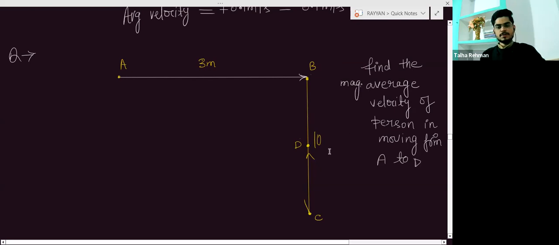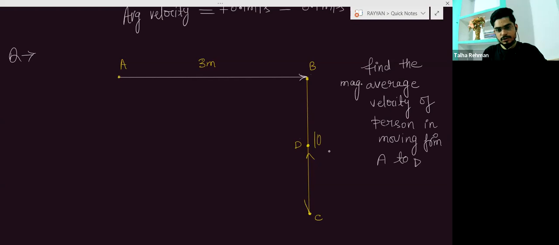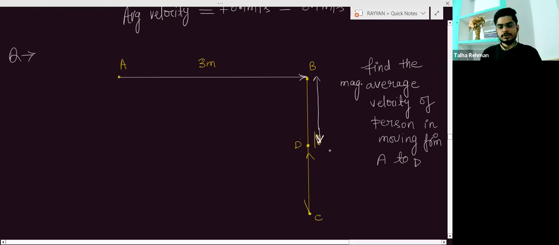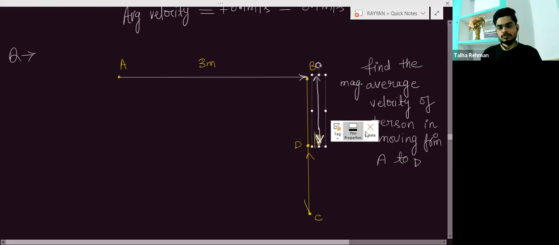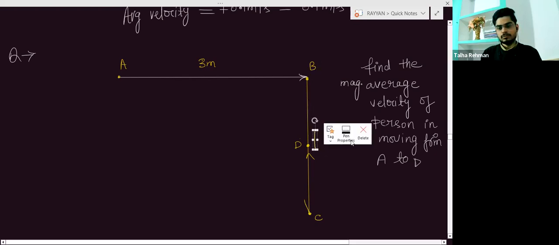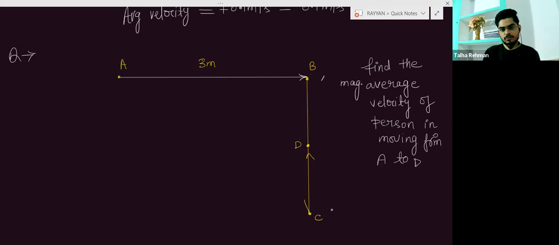Can you do this question? And one more thing: the distance from B to D is given as follows. This person first moved 10 meter, right? First this person moved 10 meter in this direction.